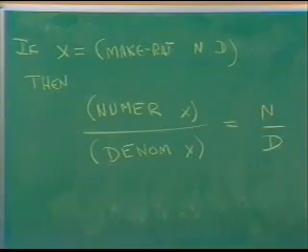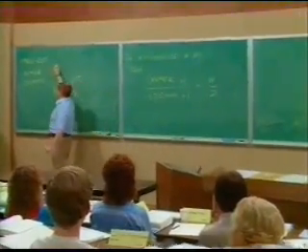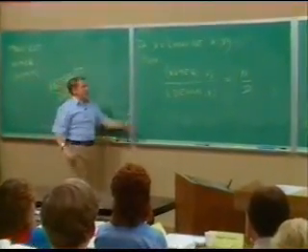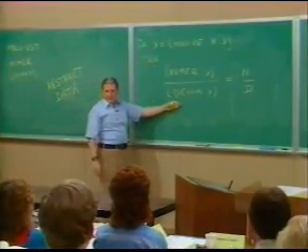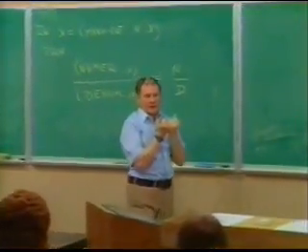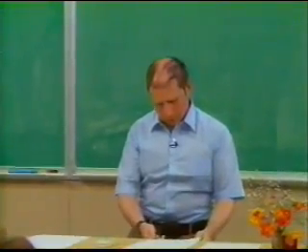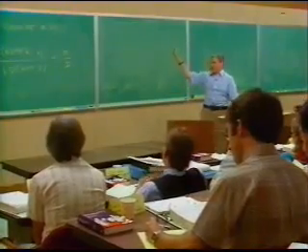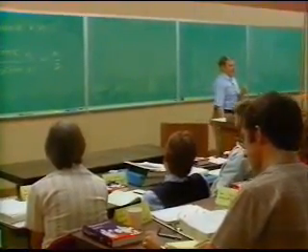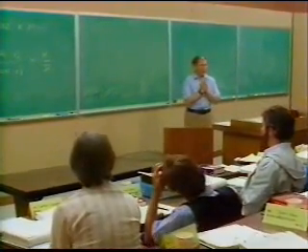So what we really say to George is your business is to go off and find us 3 procedures, makerat, numerator, and denominator, that fulfill this contract for any choice of n and d. And that's what we mean by we can use that as the basis for a rational number representation. Other than that, it fulfills this contract. We don't care how he does it. It's not our business. It's below the layer of abstraction.